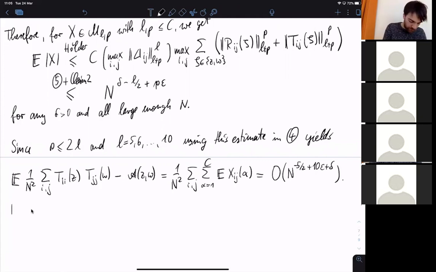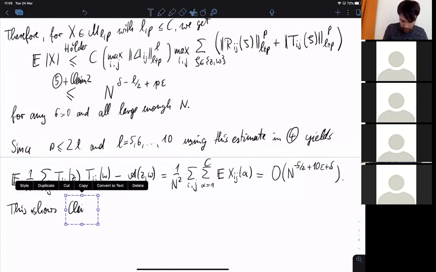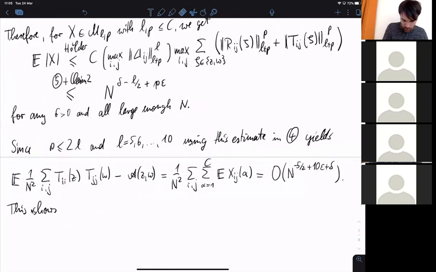And so this shows a, actually this shows the whole claim, because we argued that the a has to be the a of z and w. It's the same for both. So this shows claim 1 with xi being this exponent here where we have to subtract the 2. So xi is 1/2 minus epsilon over 10 minus delta.